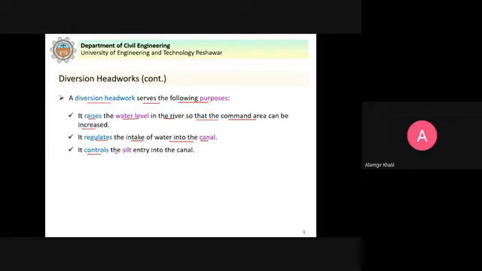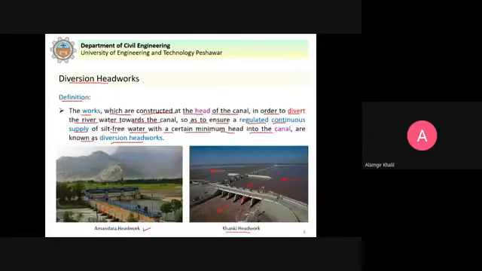It controls the silt entry into the canal. You can see here, especially in this picture, that the water flows and carries sediments. Now, if sediments flow in the water in the canal, they can be deposited and influence the discharge carrying capacity of the canals, and also we want to supply silt-free water to the agricultural lands.